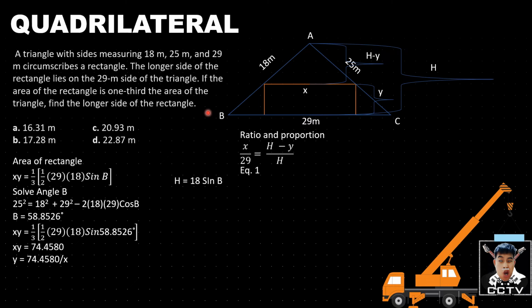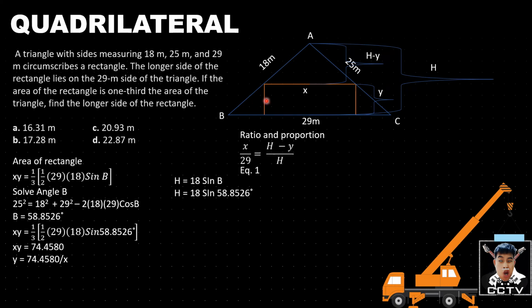Substitute mo lang siya doon. Makukuha mo yung, substitute mo lang siya sa, saan ba dito? Ito, dito, sa y. Itong H na to, sine lang ginamit natin dito.